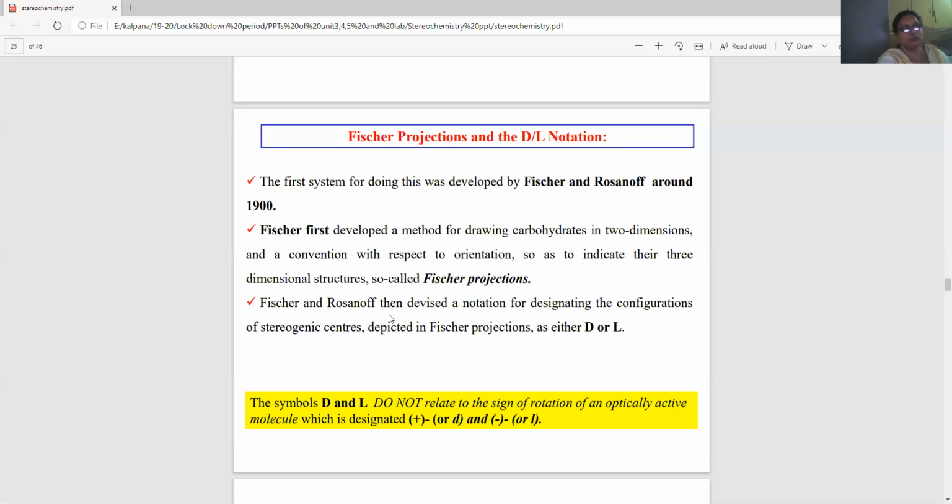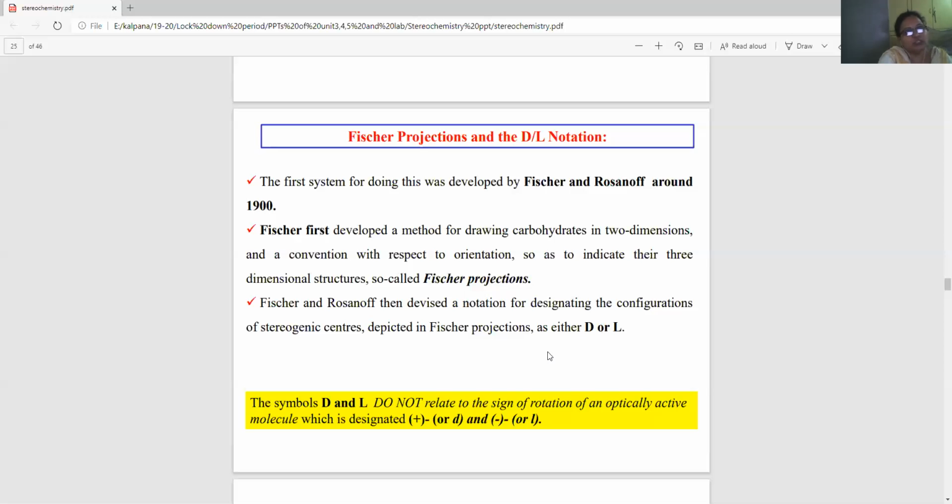So Fischer and Rozanoff then devised a notation for designating the configurations of stereogenic centers depicted in Fischer projections as either D or L. So the symbols, that is capital D and capital L. So the symbols D and L do not relate to the sign of rotation of an optically active molecule, which are designated as plus small d or minus small l.